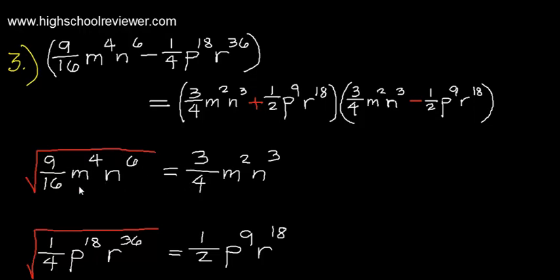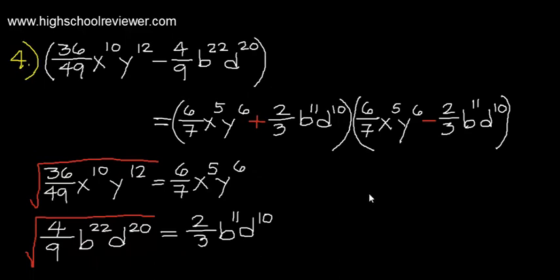The square root of this will be 3 over 4 m squared n cubed. And the square root of 1 over 4 p raised to 18 r raised to 36 is 1 over 2 p raised to 9 and r raised to 18. Again, same step. Multiply the factors and separate them by the addition and the subtraction sign.